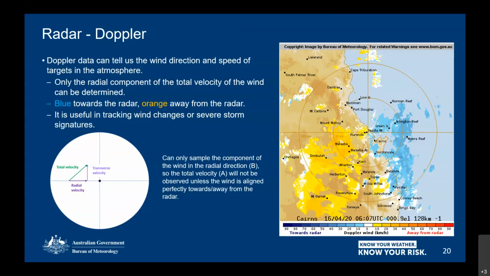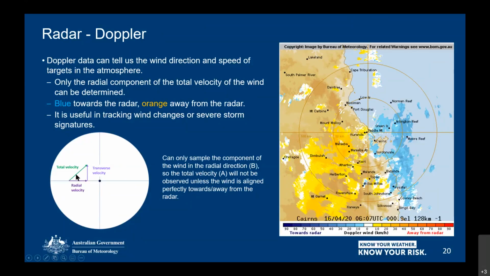So if, for example, the wind is blowing perpendicular, alongside the radar beam, the radar won't actually detect any wind. So I'll try and explain this a little bit more in this image over here on the left-hand side of the screen. We've got our radar in the center, and this green wind vector is our total wind velocity and direction.